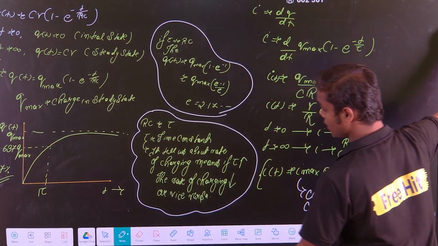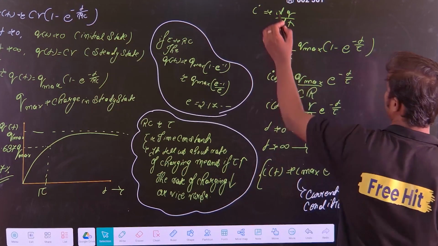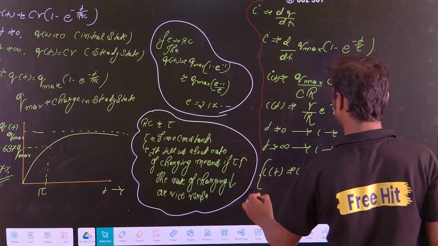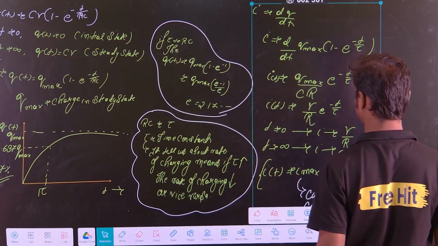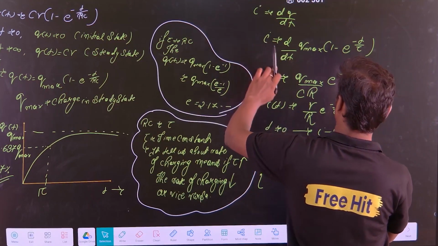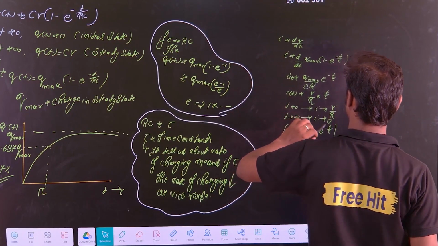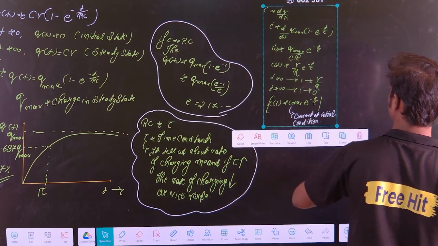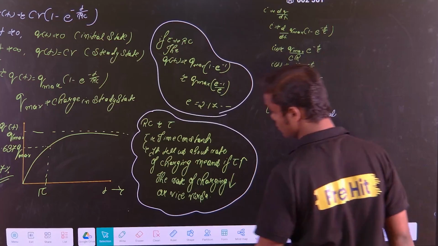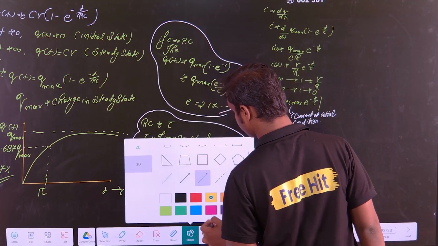So now if someone asks you to draw the graph for current also, can you draw the graph? Can you draw the graph or not? Are you able to draw the graph? The answer is yes, sir, we can draw the graph, no issue.